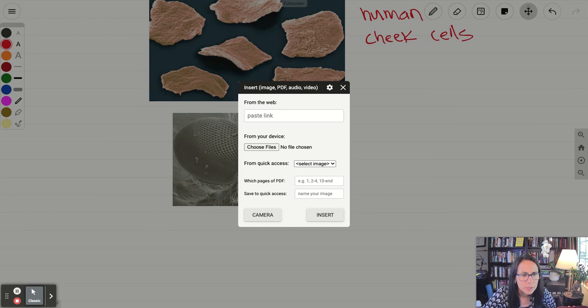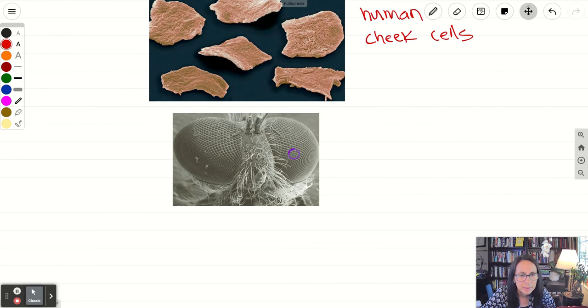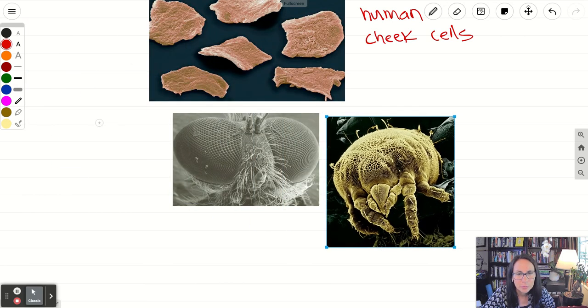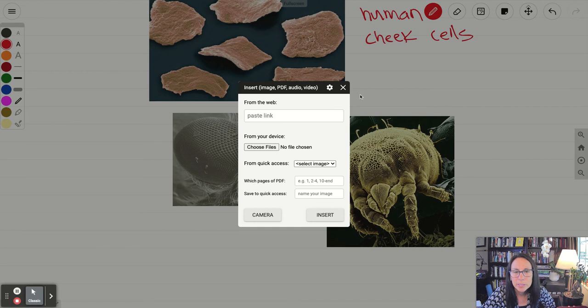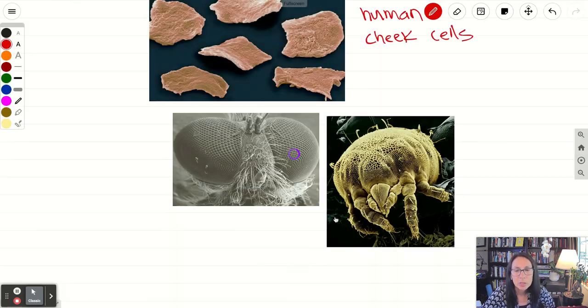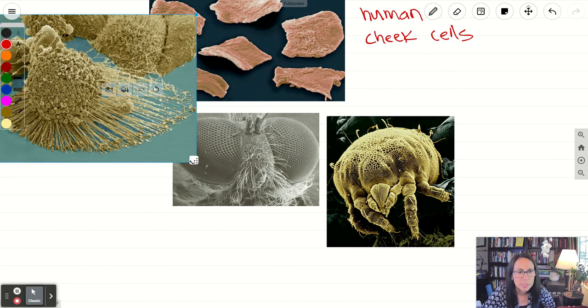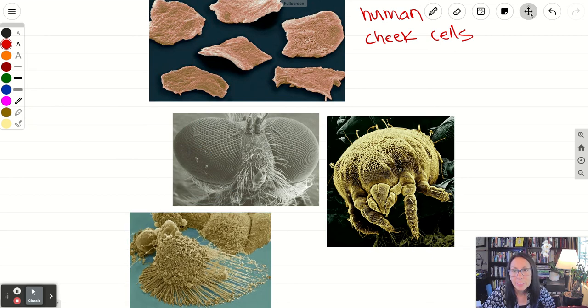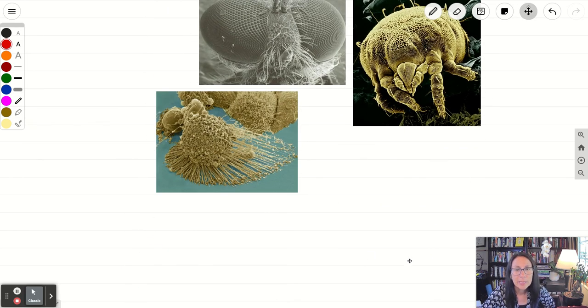Let me show you some more pictures. Here is a picture of a bed bug. Yuck. Look at that. That's just crazy and gross. And then I want to show you one more picture of a cell undergoing a process called apoptosis. This is a cell in the lab. It's actually a cancer cell and it's undergoing apoptosis.